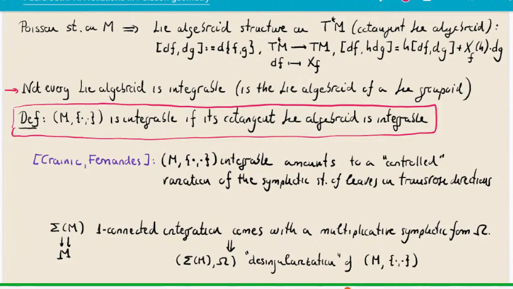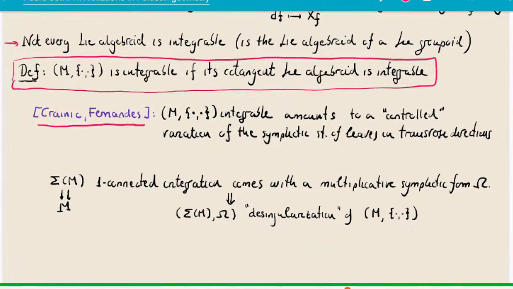What extra property are we getting? Crainic and Fernandes described this in a very precise way. For a Poisson manifold to be integrable means that the symplectic structures of the leaves vary in a reasonable, controlled way when we cross from leaf to leaf. So you see, it has to do, in some sense, with the Duistermaat-Heckman phenomenon. At least there's some relation.